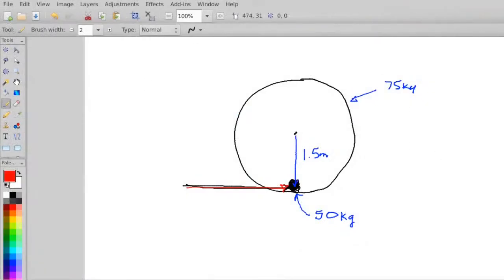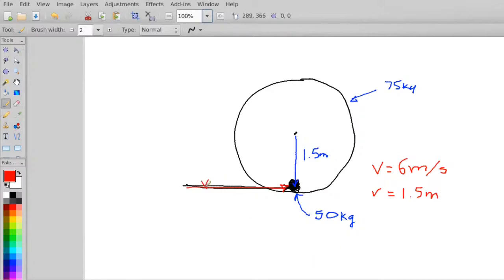Right at that point, just as the child is jumping on, but before the merry-go-round actually starts to rotate, the child has a velocity of 6 meters per second, and the child is at a radius of 1.5 meters.